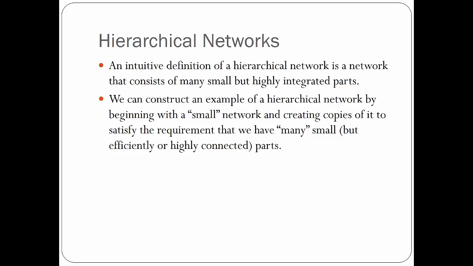So, an intuitive definition of these networks is layered graphs, or you can think of having copies of small graphs that are highly connected to each other in a layered or structural way. The example that we're going to construct is we will begin with a small network and we'll create many copies of that one network.